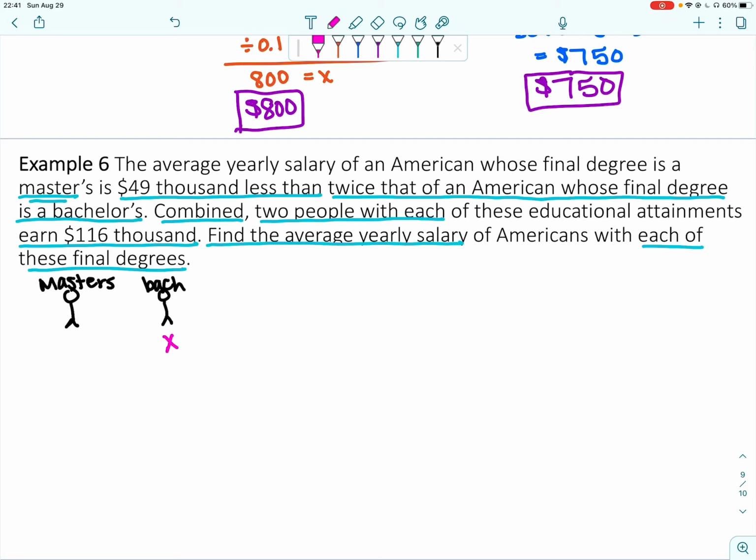A person with a master's degree makes $49,000 less than twice that of a person with a bachelor's. So you take twice what a bachelor makes, and the person with a master's makes $49,000 less than that.